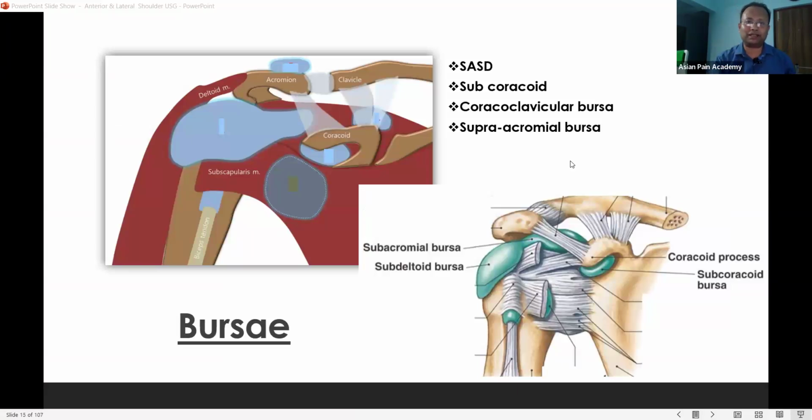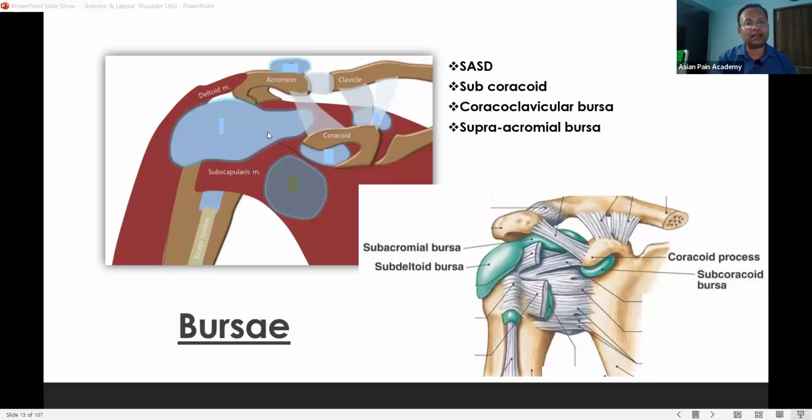Now comes some bursa. Okay, SASD bursa means subacromial subdeltoid bursa, and this is the most important bursa. Now, why is the name subacromial and subdeltoid bursa? As I told you, in this area, the lateral side of the shoulder, the most superficial muscle is deltoid muscle.